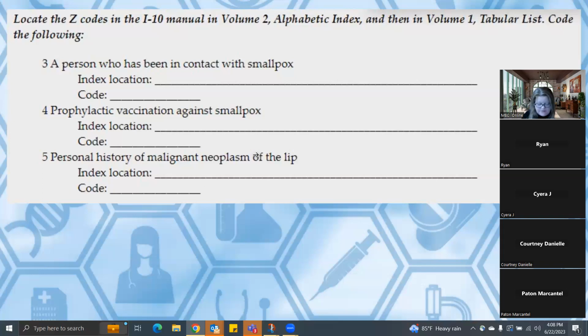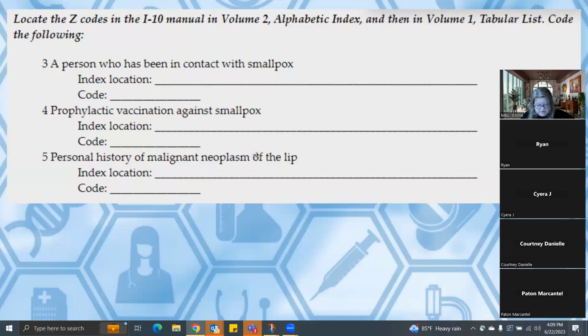This is just contact with, exposure to. Intestinal infectious diseases, tuberculosis, rabies, rubella, viral hepatitis, human immunodeficiency. I'm not seeing smallpox listed in that first section. So I'm looking at Z20.8, contact with and suspected exposure to other communicable diseases. Smallpox is a communicable disease. It fits in that category.